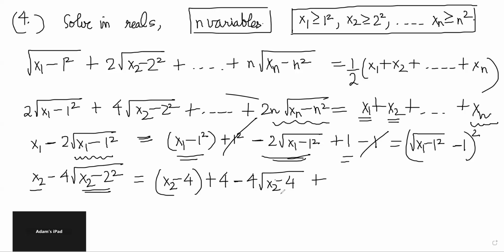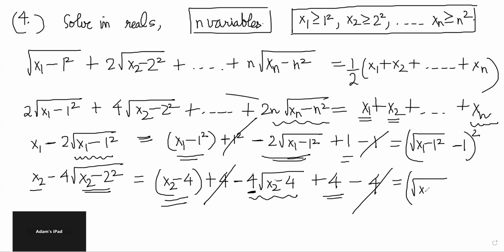But now I need the third term, which will be 2 square. So I have to do a plus 4 and a minus 4 again. Can you see that this plus 4 gets cancelled and you are left with just root of x2 minus 2 square minus 2 whole square?